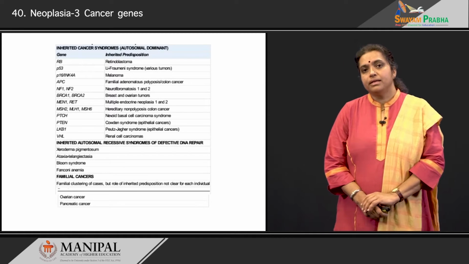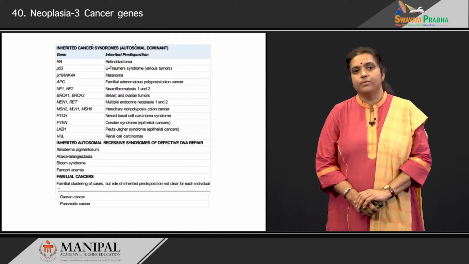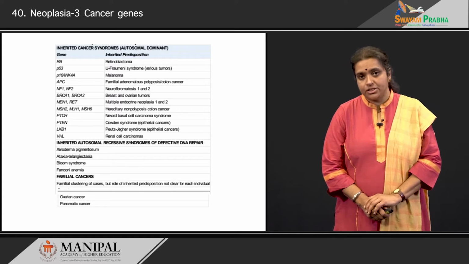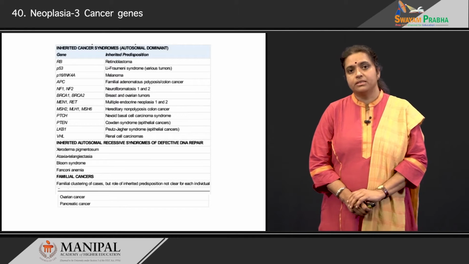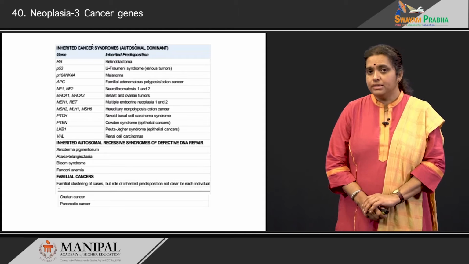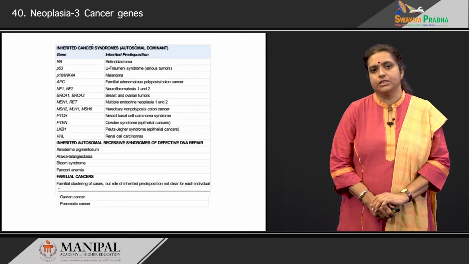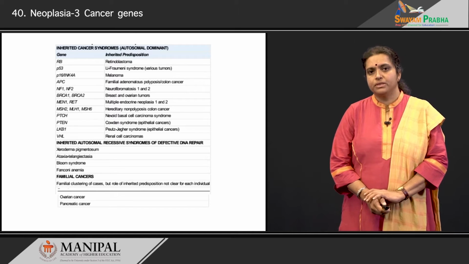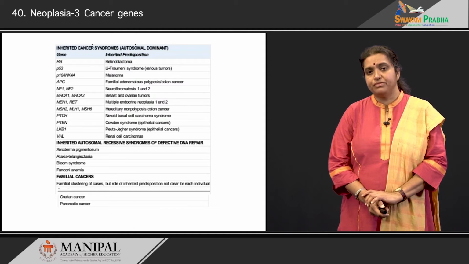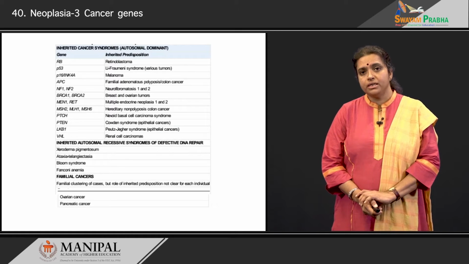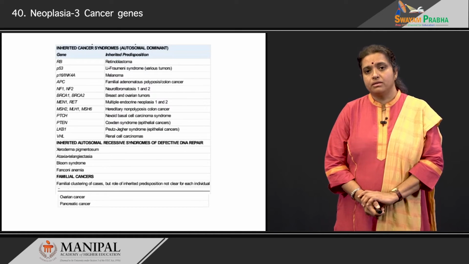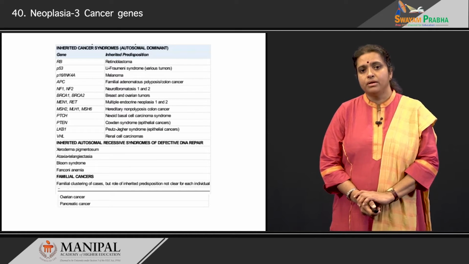Now, there are certain inherited cancer syndromes wherein these so-called cancer genes are transmitted in the germ line. We have already discussed a little bit about this in our cancer epidemiology lecture, but let me go through this a bit again. P53, a very important gene, if inherited, causes the Li-Fraumeni syndrome.